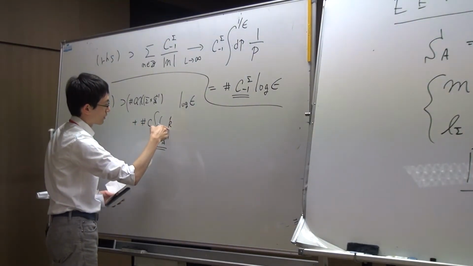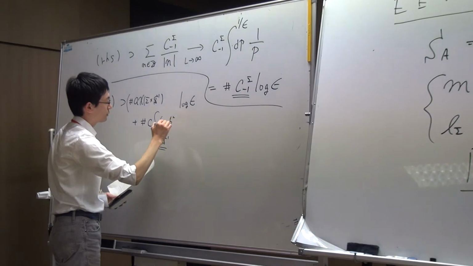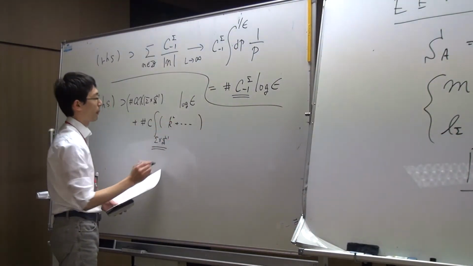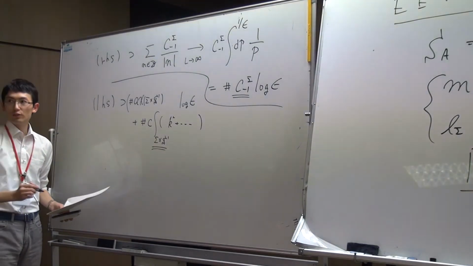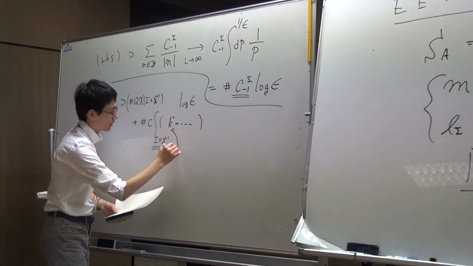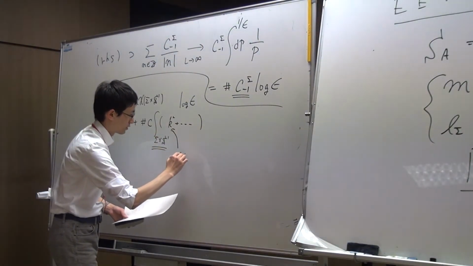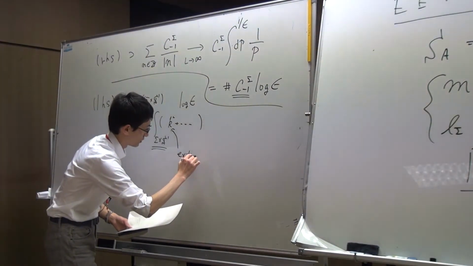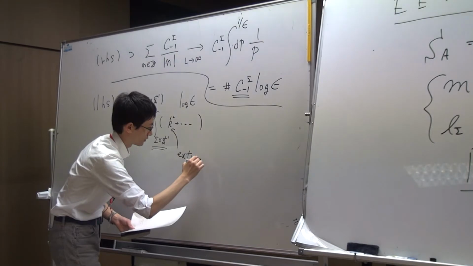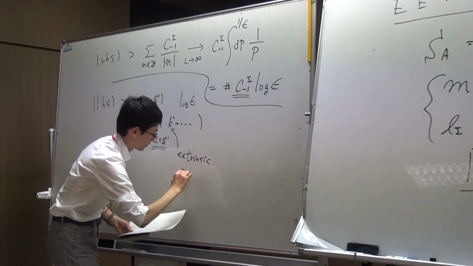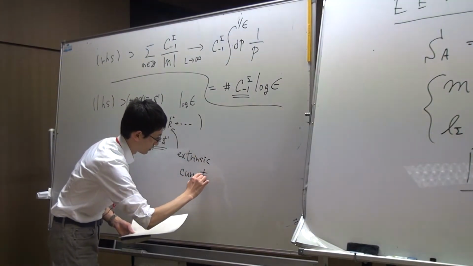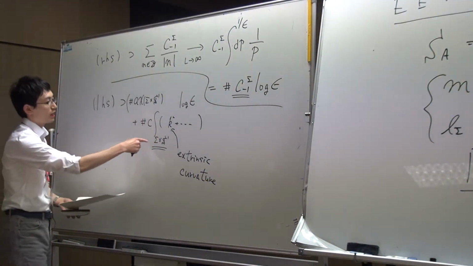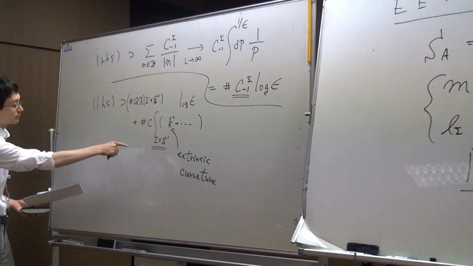Extrinsic curvature is k, and you have some k squared term here, plus and so on. Sorry, this is now the two-dimensional extrinsic curvature, and it depends on the shape of my entanglement surface.